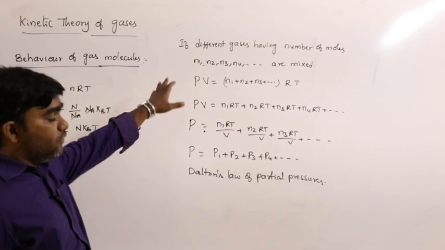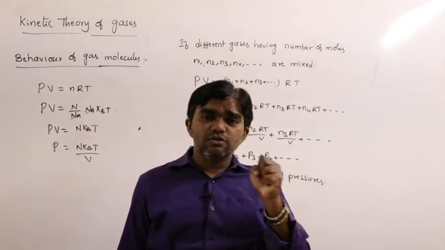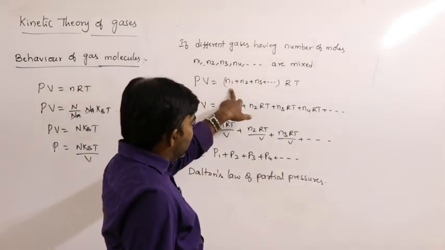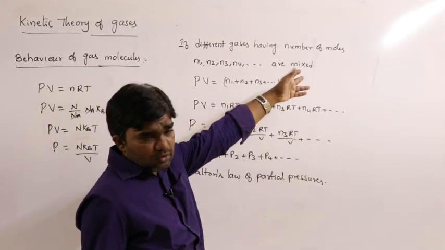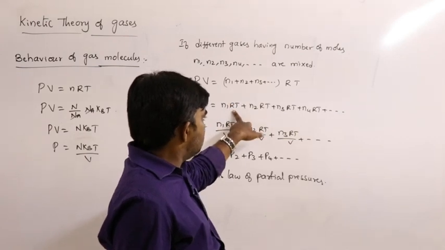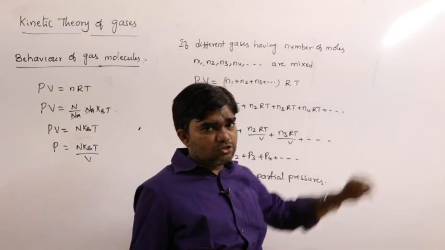So if different gases are mixed together, the total number of moles is equal to the sum of individual numbers of moles. Actually PV equals nRT, but in place of n what can we write? N1 plus N2 plus N3 and so on, into RT. After splitting, N1 RT plus N2 RT plus N3 RT plus N4 RT and so on.